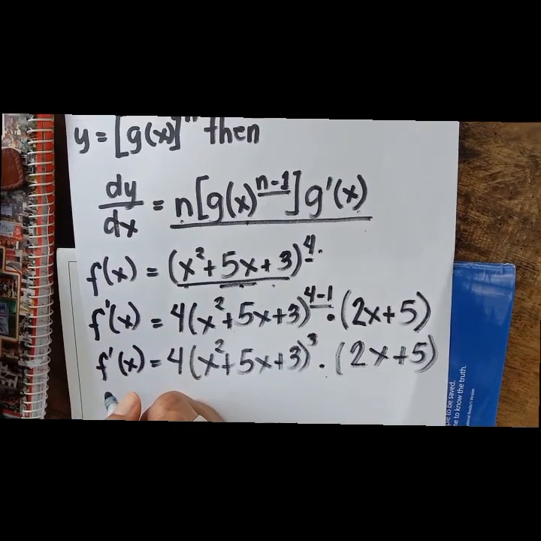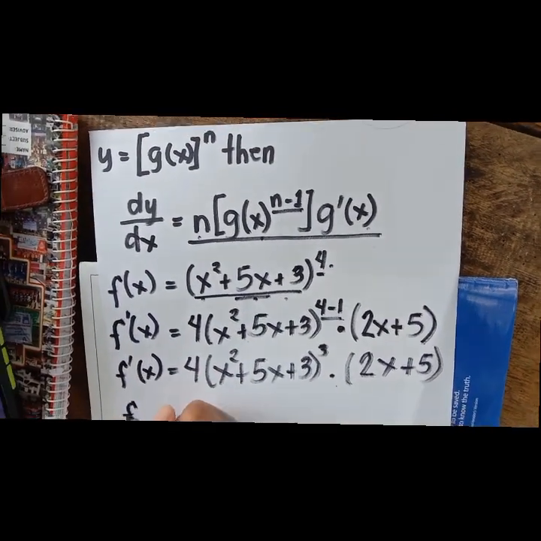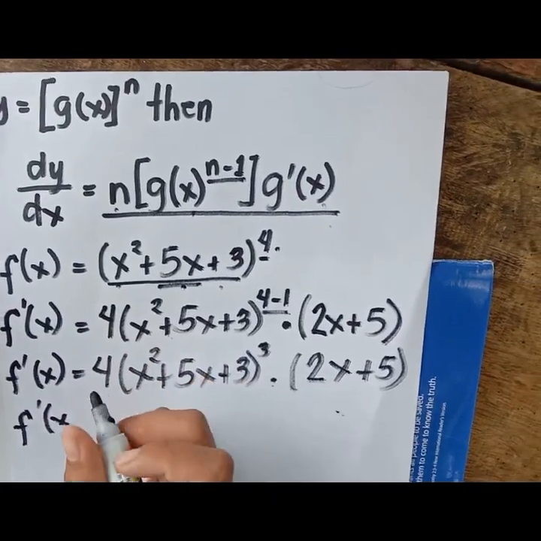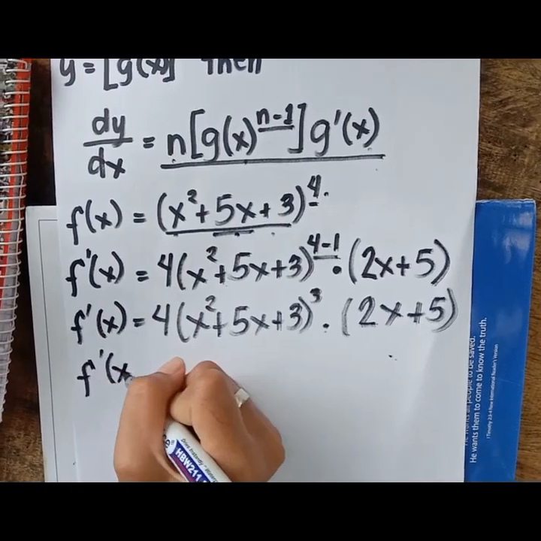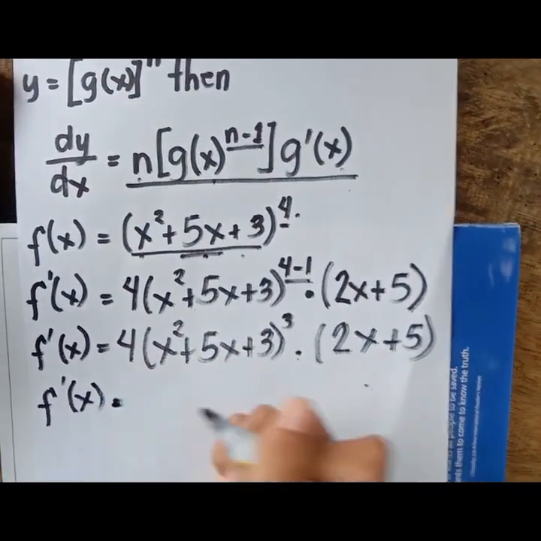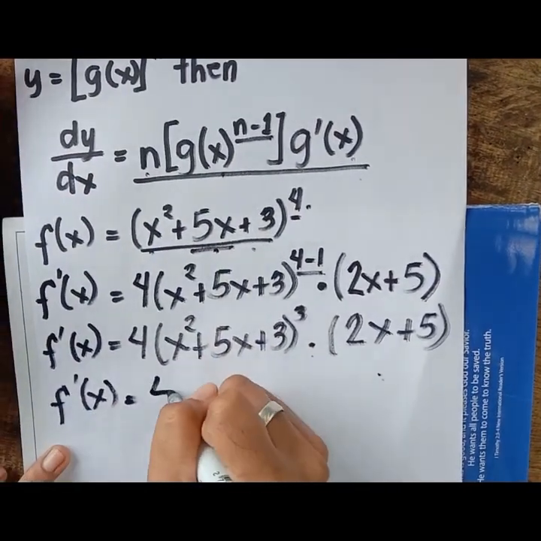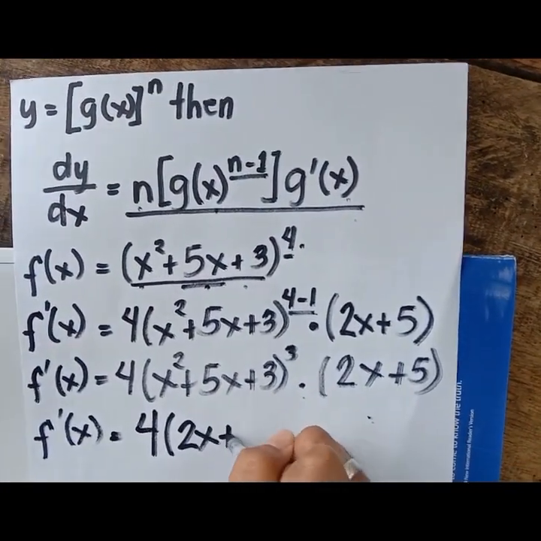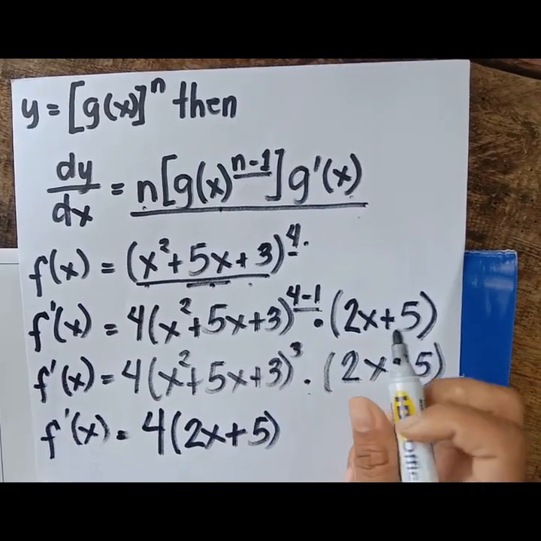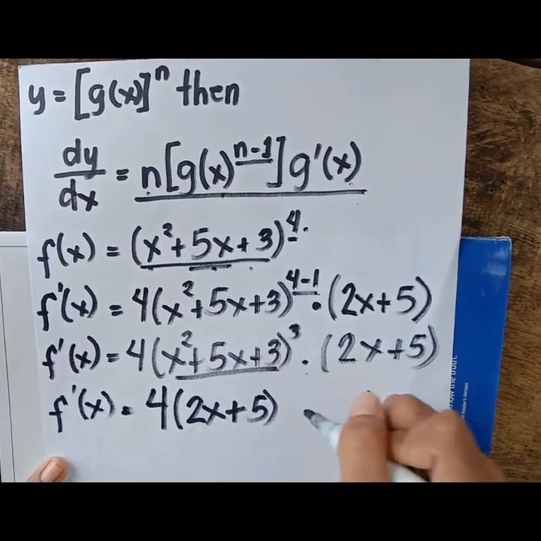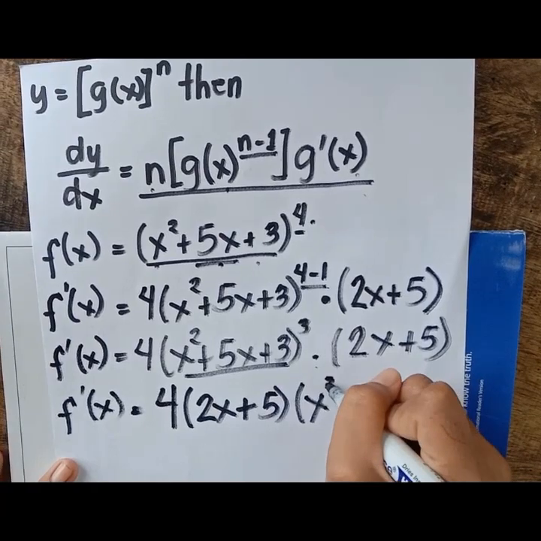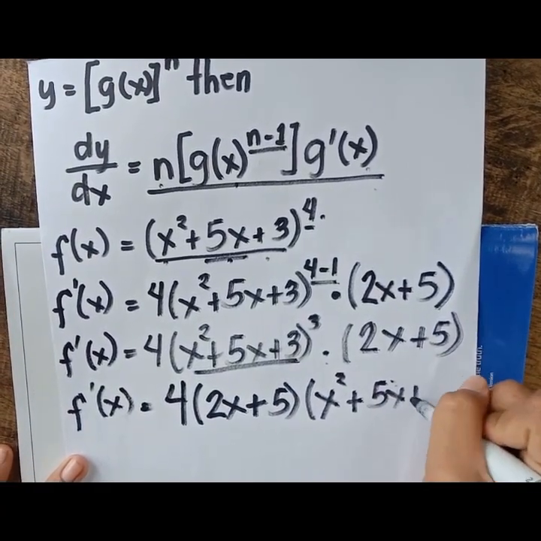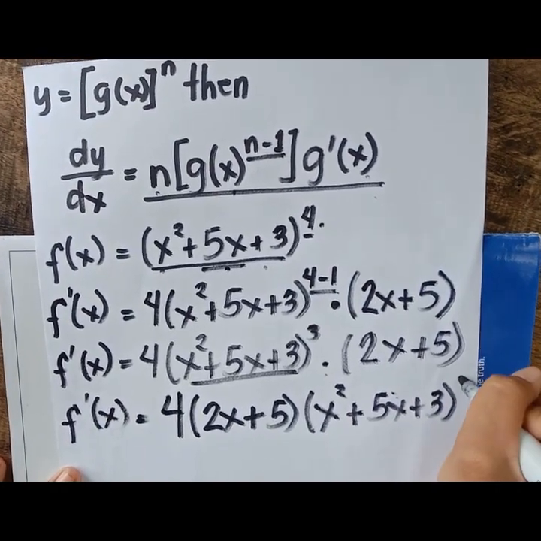Our final answer will be f prime of x is equal to 4 and the quantity of 2x plus 5, then x squared plus 5x plus 3 raised to 3.